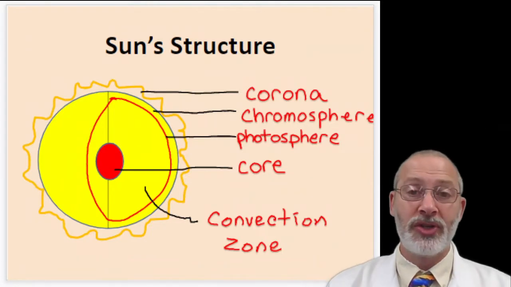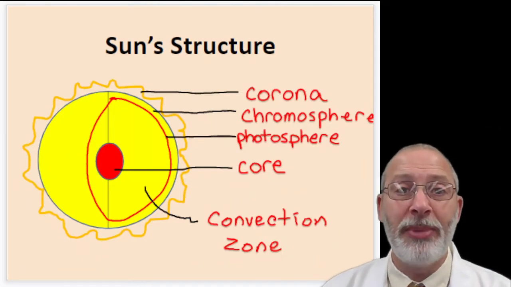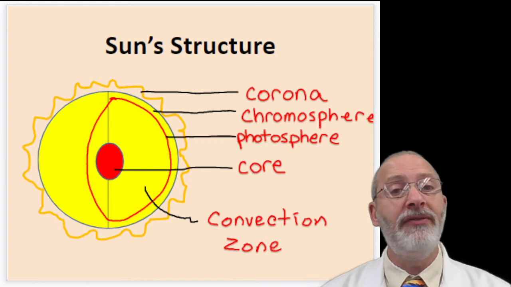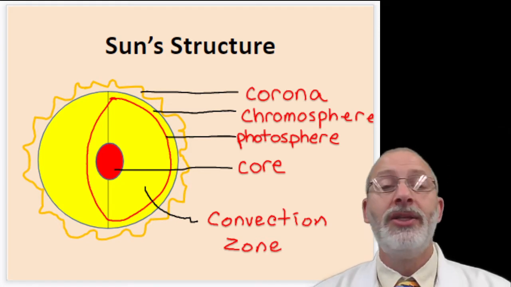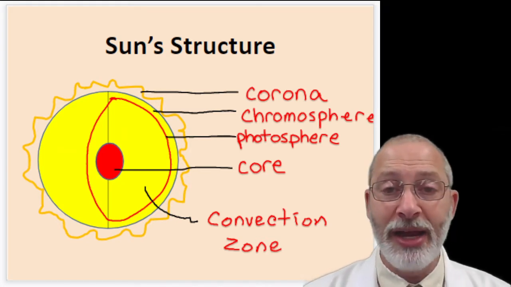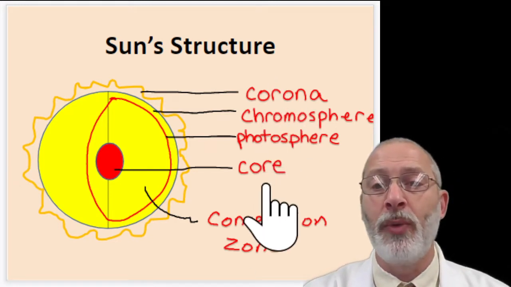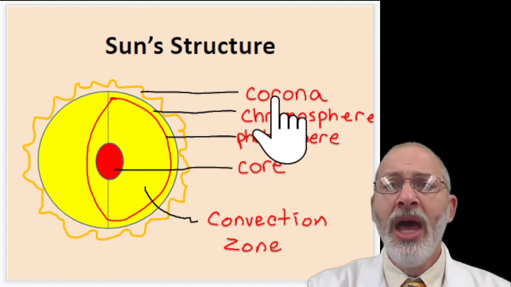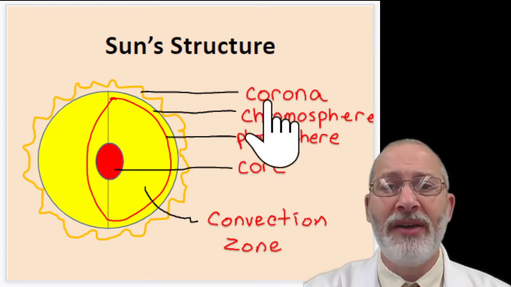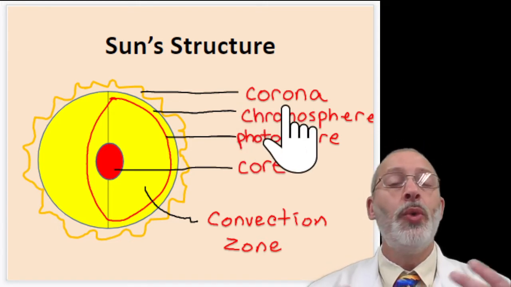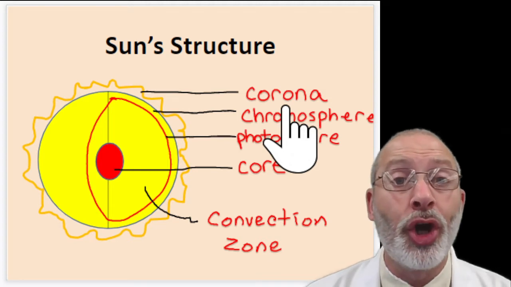But in our books, let us discuss a little bit about what we believe the structure of the sun to be like. So you've got a diagram in your books, and we're going to label it now, and I'm going to start at the top and work my way down. On the very outside of the sun, we have what we call the corona.